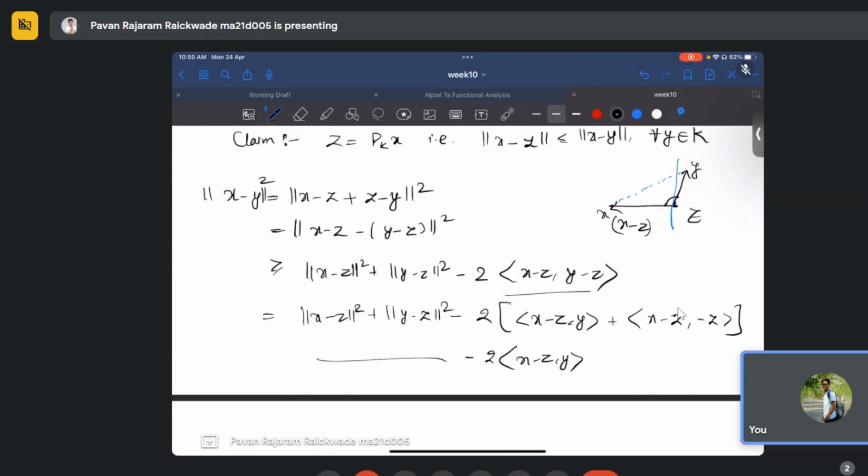But then here I have minus 2 times, this minus gets out, then it becomes plus 2 times the inner product of X with Z, plus... hmm, there's some problem. X minus Z plus Z minus Y.